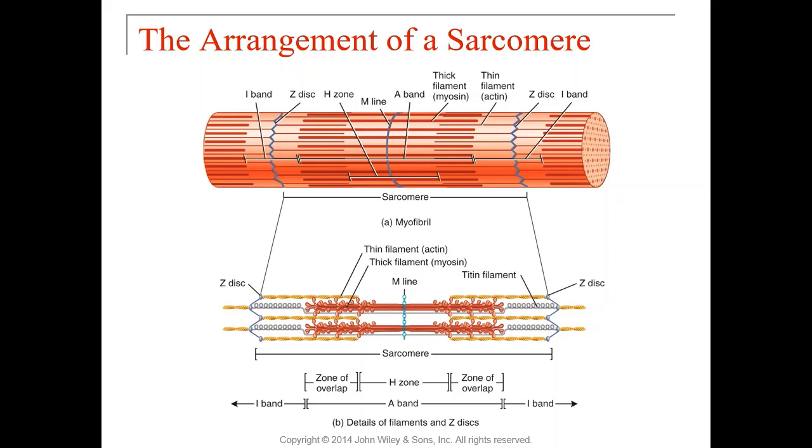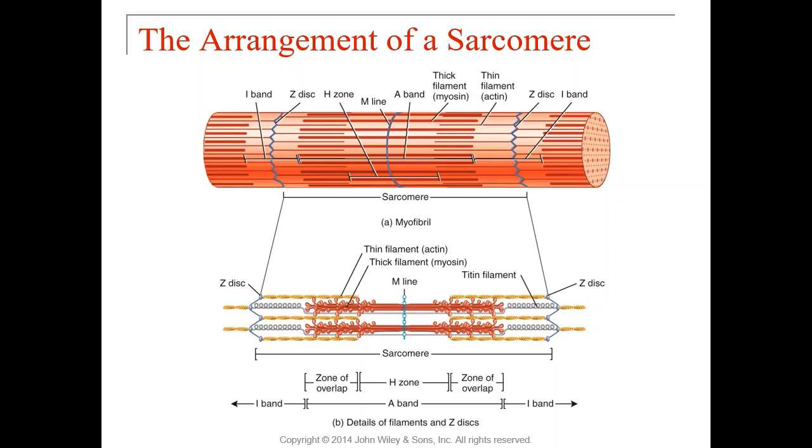Z-discs are what we call structural proteins. They're proteins that provide structural support for other proteins, meaning they're almost like holding up other proteins. And you can see who it's providing structural support to in the picture. There are these long yellow rods attached to the Z-discs. That's another protein.